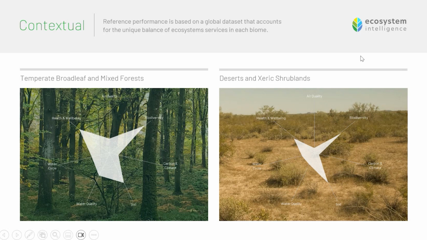But it's also the case that the system on the left, that biome, rich, vibrant, supports a lot of different services very well because of climate conditions, because of factors that enable that to exist. Move to a desert xeric shrubland biome, you are not going to be able to replicate that. So it's important that what you are designing is designed to match the needs of the biome. And this then tells you whether you're doing that.